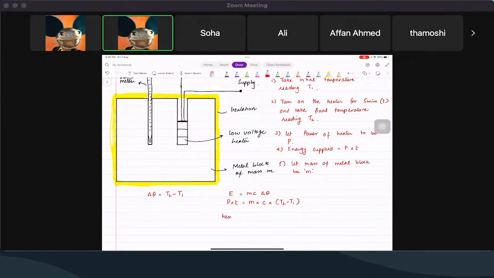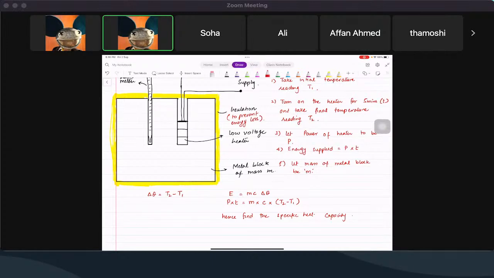Hence, find the specific heat capacity. The reason we have put insulation around it is to prevent energy loss. This way, the heater energy will be supplied to the block only.